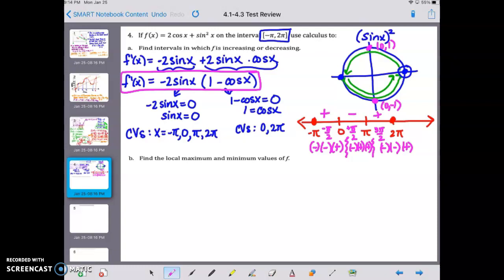Okay, so I am now able to say where f of x is increasing and where f of x is decreasing. I can say f of x is increasing on negative pi to 0, and I'm going to use a square bracket on negative pi, a round bracket on 0, union, it is also increasing from pi to 2 pi.